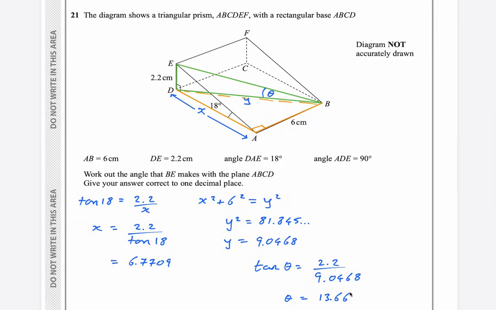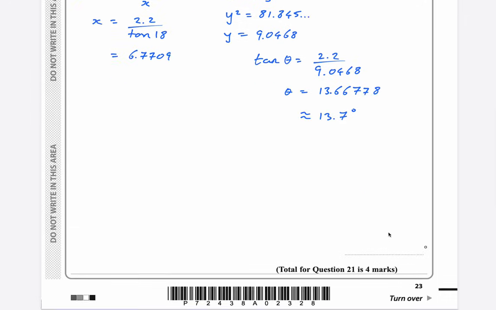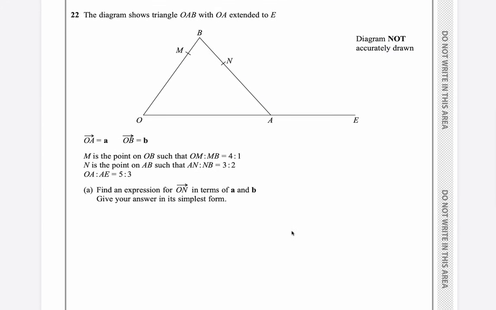But he only wants it to 1 decimal place, so it's 13.7 degrees. Okay, fine, 4 marks.